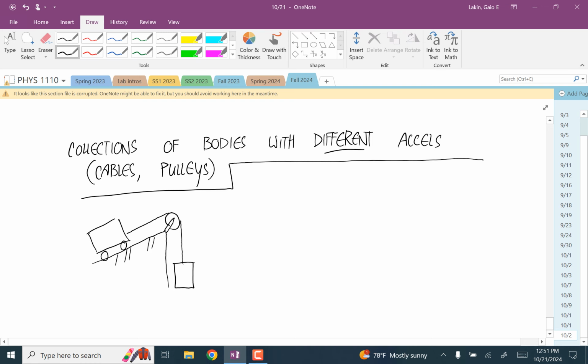And if that hanging mass is big enough, then it's going to accelerate down. But this rolling thing isn't going to accelerate down. If the hanging mass accelerated down, the rolling thing would accelerate up the ramp. So those two things have totally different acceleration vectors. Okay, so that's what's going on here. That's what I'm talking about with them having different accelerations.